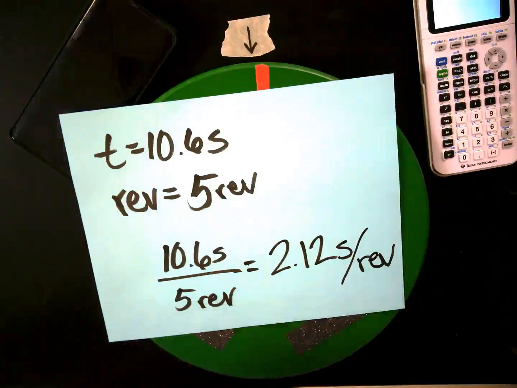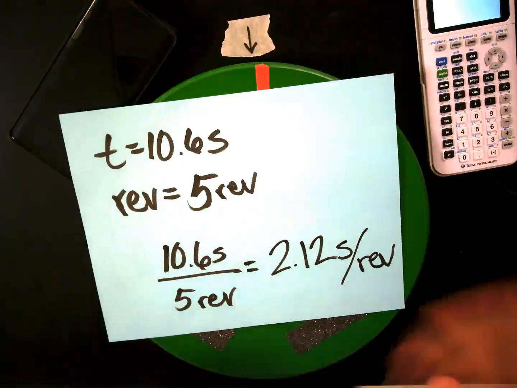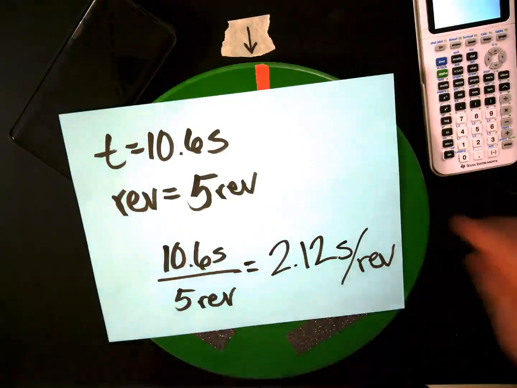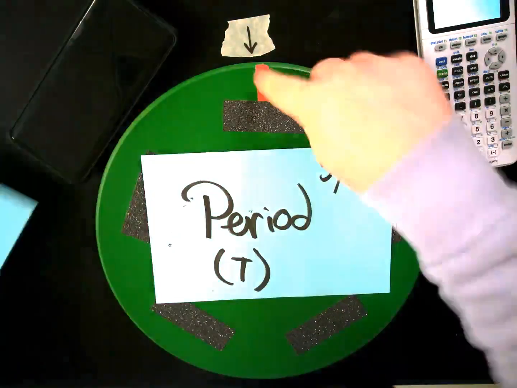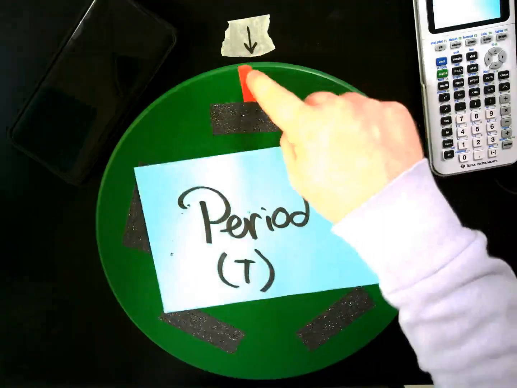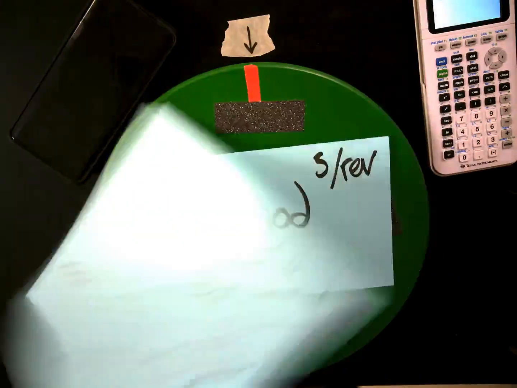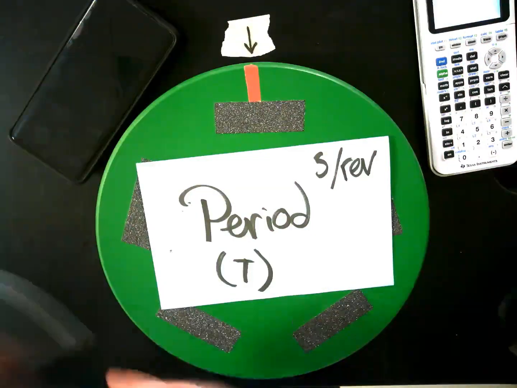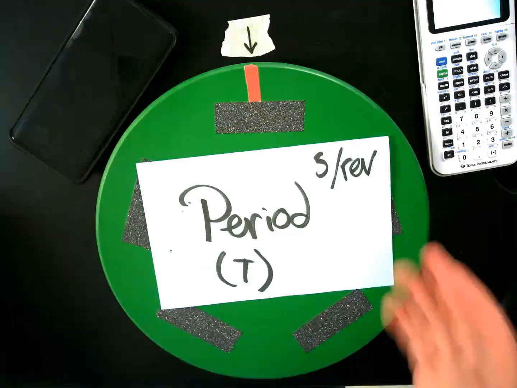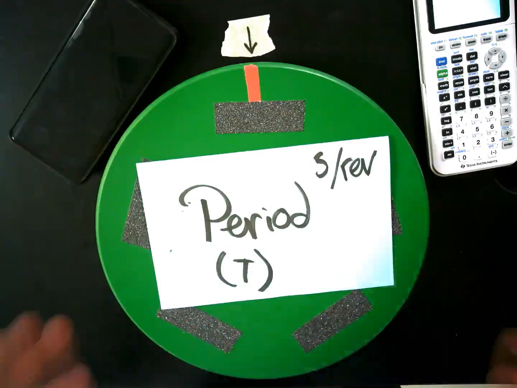So what this is saying is that our period is roughly about 2.12 seconds for us to make our way all the way from this position back to that same position, a full circle, a full 360 degrees. So that is the difference between period and frequency.